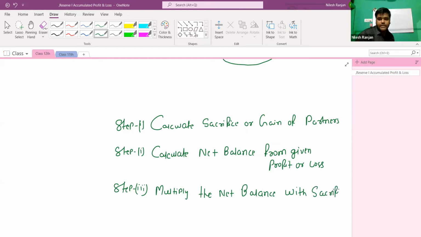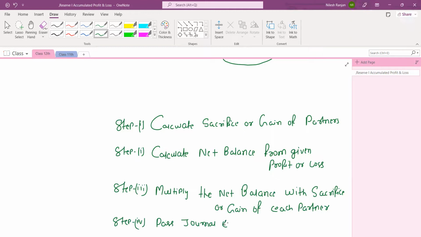And then we will pass the journal entry. That will be step 4, pass journal entry. Is that clear?